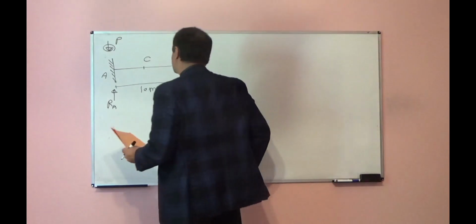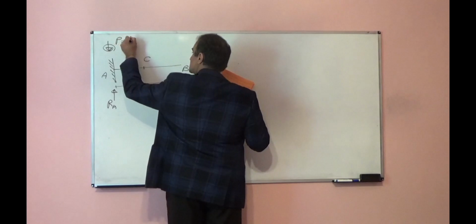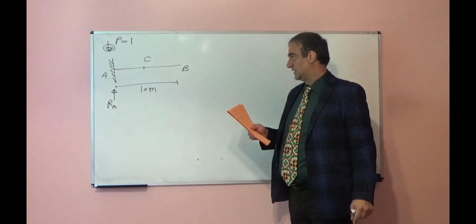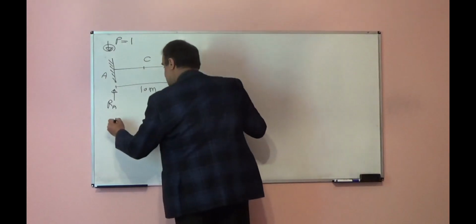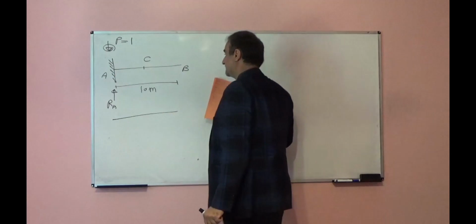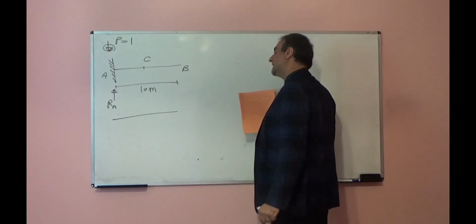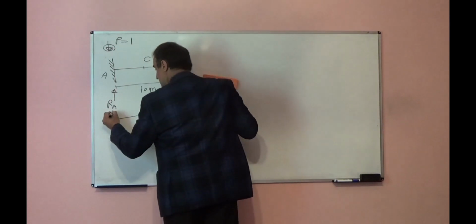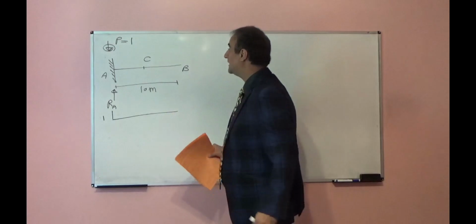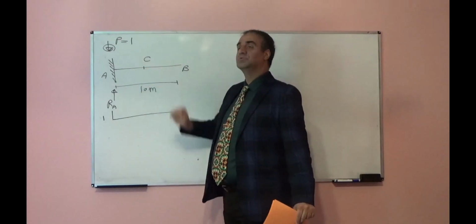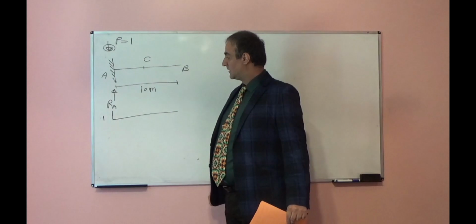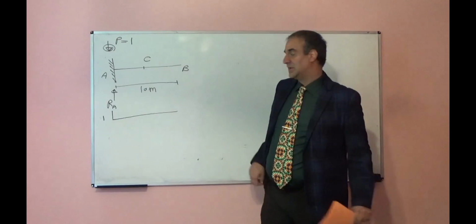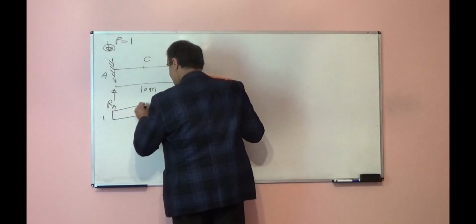Assume the magnitude of this load instead of P is unit 1. For example, 1 pound, 1 Newton, it is unit load. If I put this load at support A, what will be the reaction? Entire load will transfer here, so the reaction will be 1. If I put this load at point C at midspan, again reaction at point A is equal to 1.